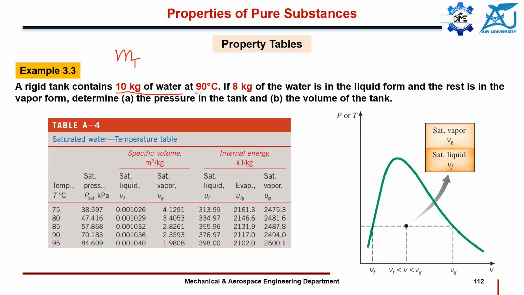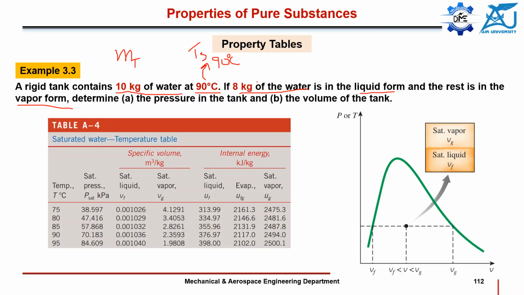Okay, and the temperature of water is 90 degrees. This is most probably the saturation temperature. Why? Because he's saying that 8 kg of this 10 kg of water is in liquid form, and the rest is in vapor form. So how many kgs are in vapor form?